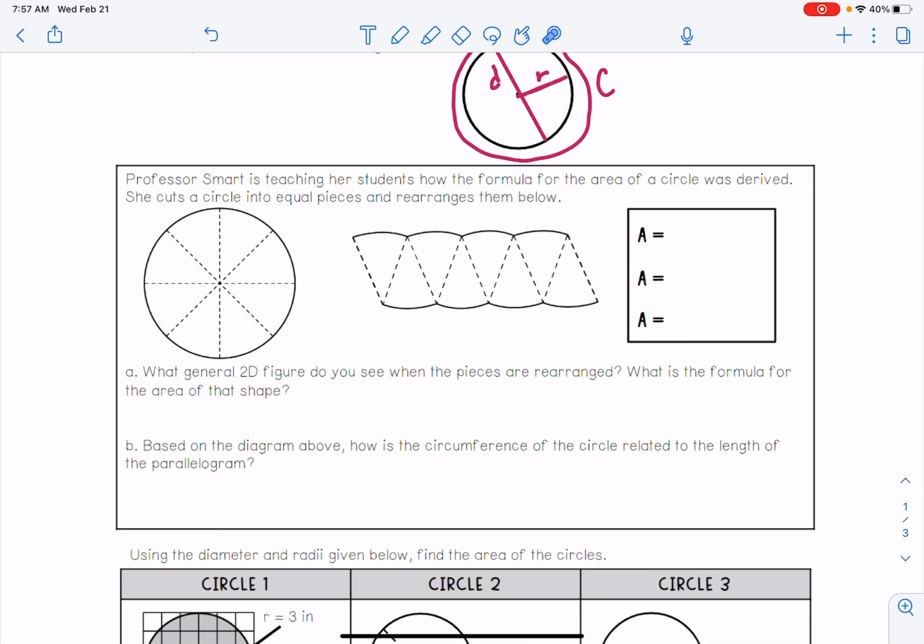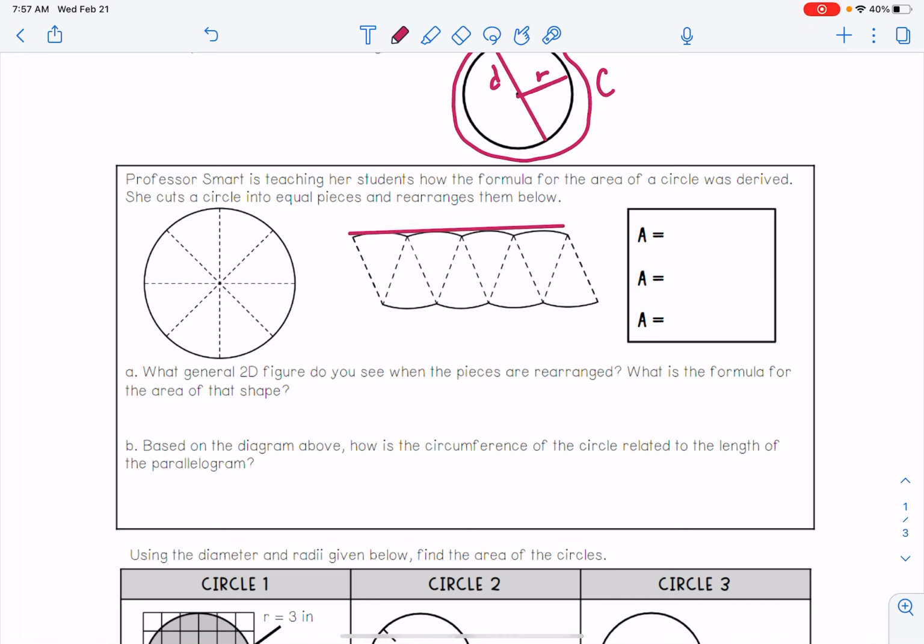So part A asks, what general 2D figure do you see when the pieces are rearranged? What is the formula for the area of that shape? When you look at the shape she created here, ignoring the little curves, we're just going to see this as a straight line. What shape do you see?